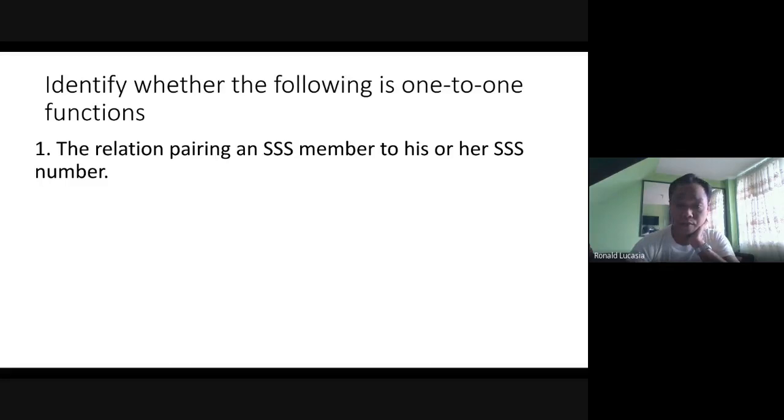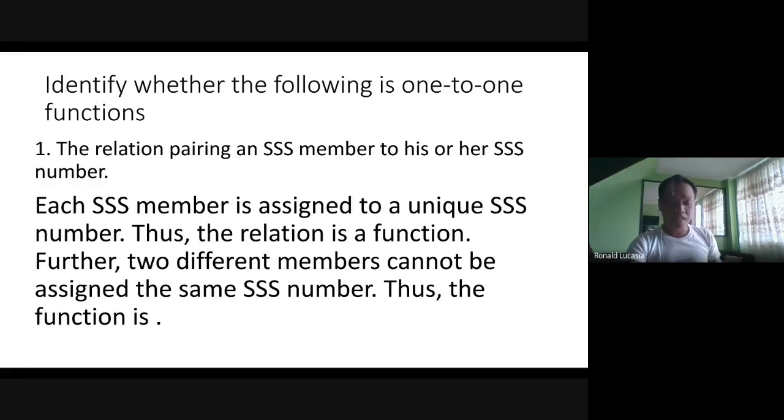Andrea said it's one-to-one. What about the others? Kiana said it's one-to-one. James Pacheco also said it's one-to-one. Okay, that is correct. Good job. So it's one-to-one because each SSS member is assigned a unique SSS number.